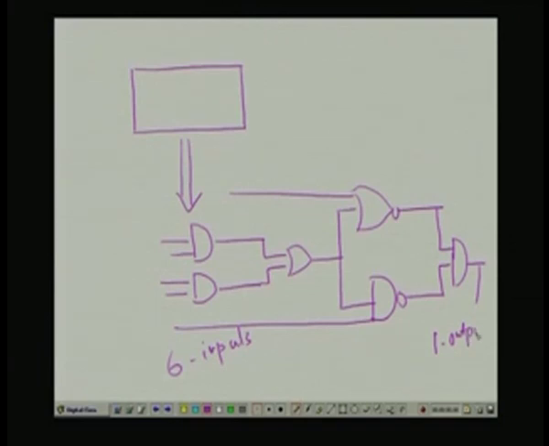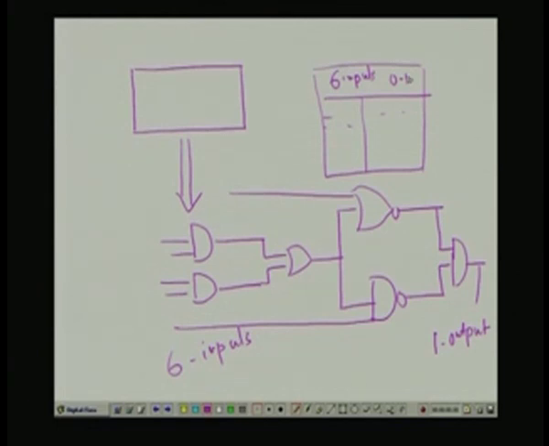Now, if I change some of the AND or OR gates, still I am getting the same function. That means the truth table gives, for 6 inputs, some output value 0 or 1. These are my inputs and these are my outputs.